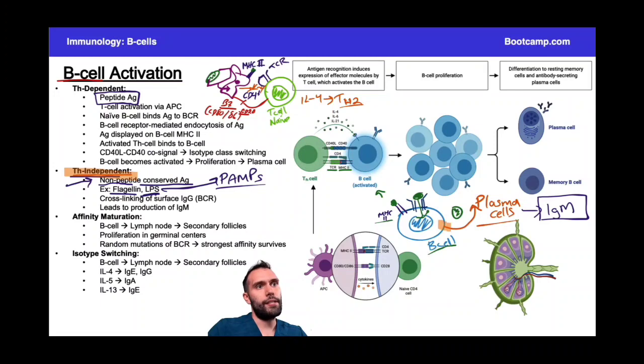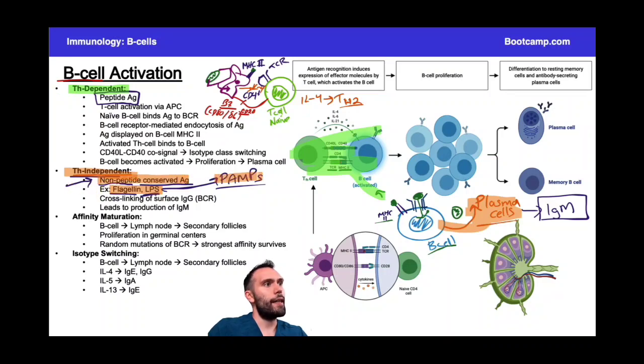What I'm saying here is this is more or less driven by the T helper independent response. That's why it's all in orange here. Whereas if you go up this way, right? If you go up this way, this is more so the T helper dependent response. And a lot of this is driven by the type of antigen. Is it non-peptide like flagellin or LPS?